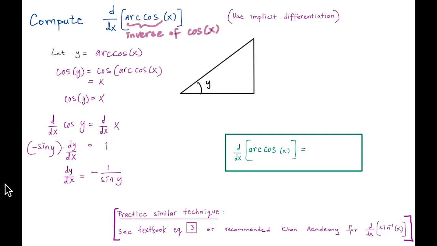And now I need to figure out what sine y is. And that's where this triangle picture comes in. Now let me go back to this step. So I have cosine y equals x. So I'm going to draw a triangle where y is my angle.